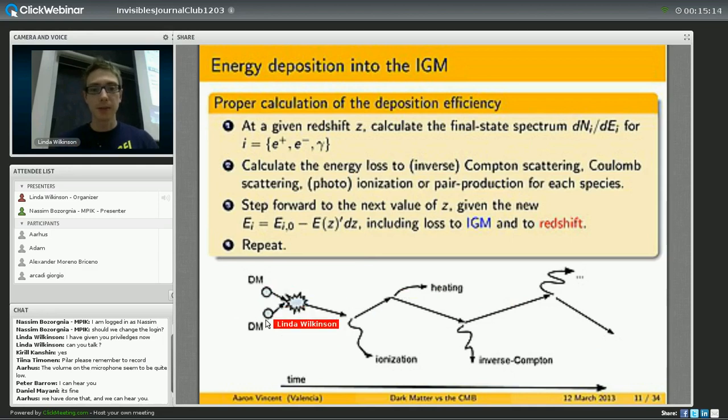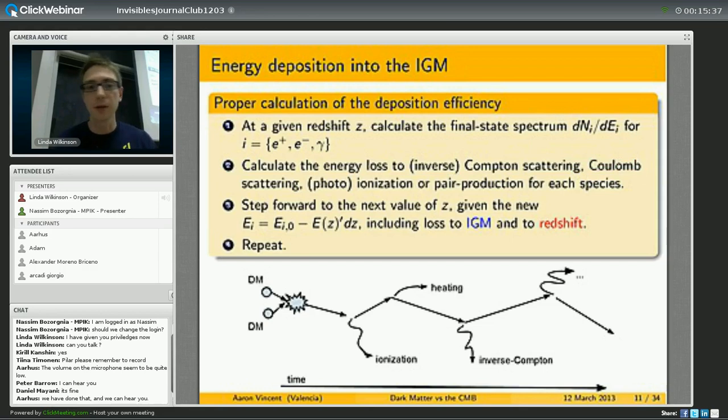So you start with some dark matter annihilation event at some early time, for instance. You calculate the final state spectrum for each of these daughter particles. Then you calculate the energy loss to the various processes that will cause your electrons and photons to lose energy in the intergalactic medium.